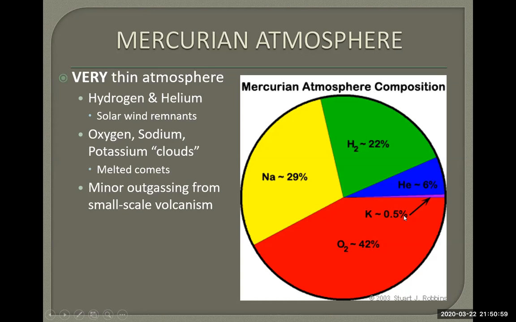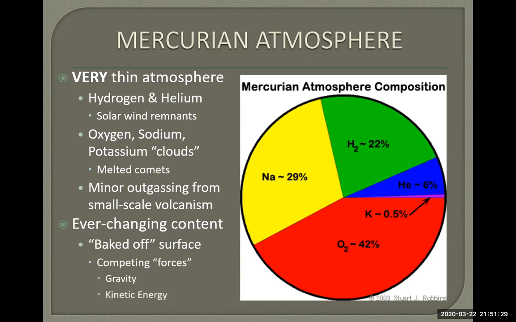It turns out that the atmosphere of Mercury is dynamic. It changes because its atmosphere is so thin to begin with. So what do I mean by that? Well, Mercury is very, very hot. The heat that it absorbs during the daytime makes the gas want to convect, or rise further away from Mercury's surface. And again, because Mercury has a very thin atmosphere, it's very easy for those gases to bake off of the surface and never come back down.